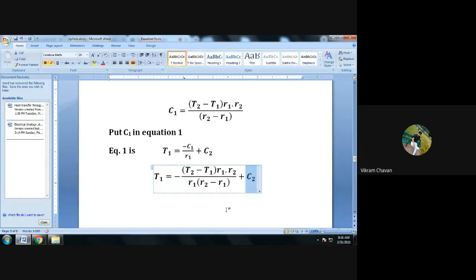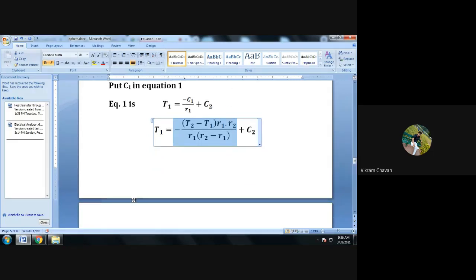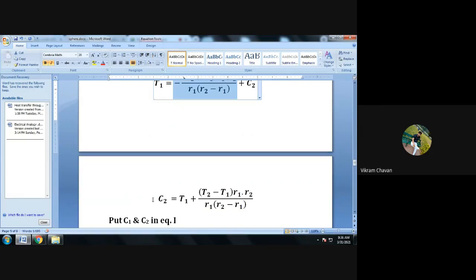So to determine C2, we have to transfer this particular term to the other side, and convert the equation in the form of C2, because we have to determine the C2 value or C2 equation.